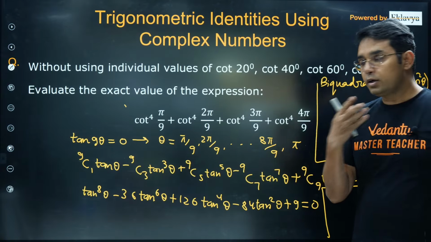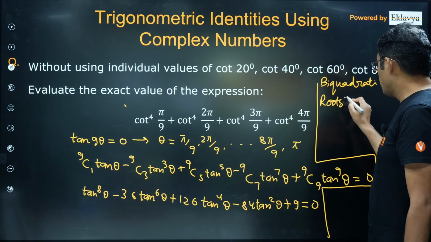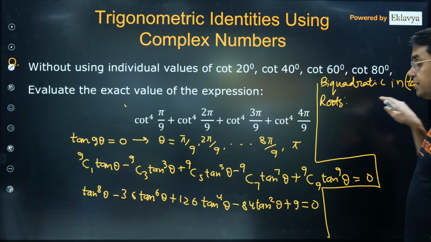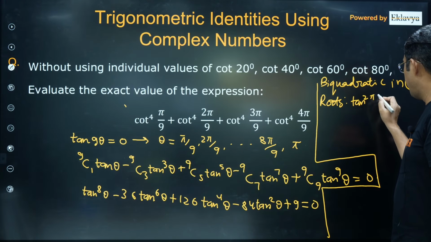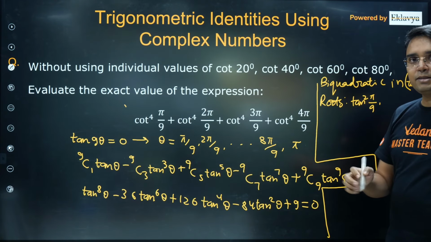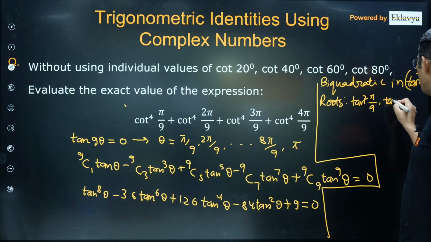Now, what will be the roots? Try to understand. As we have written in the beginning, if I am writing this as a biquadratic in tan square, its roots would be tan square pi by 9. Let me write pi by 9, which is fine. I could have written tan 20 degree also. You may relate more to that, then tan square 2 pi by 9.